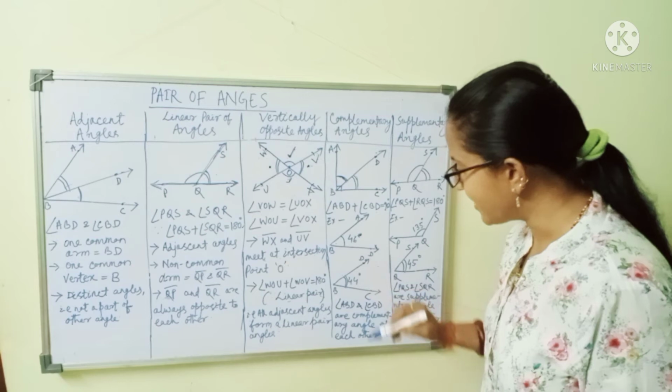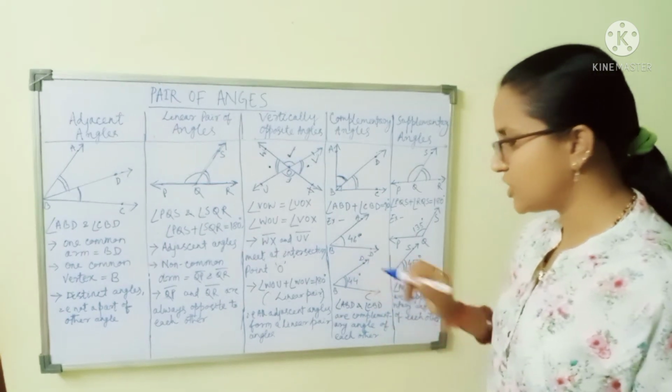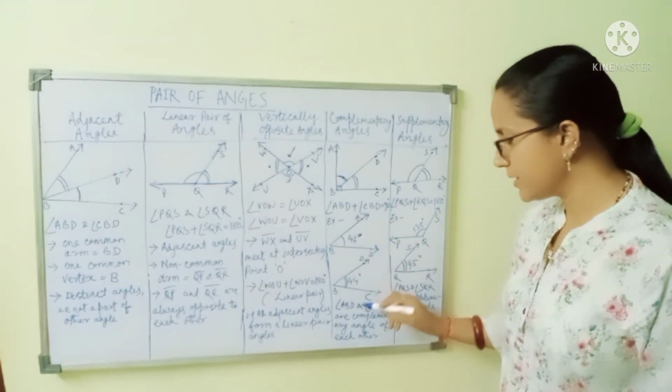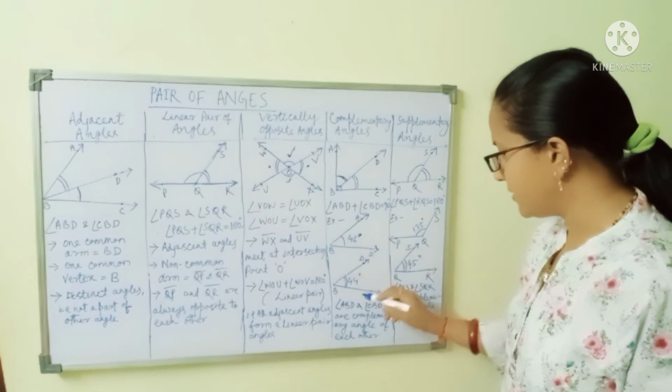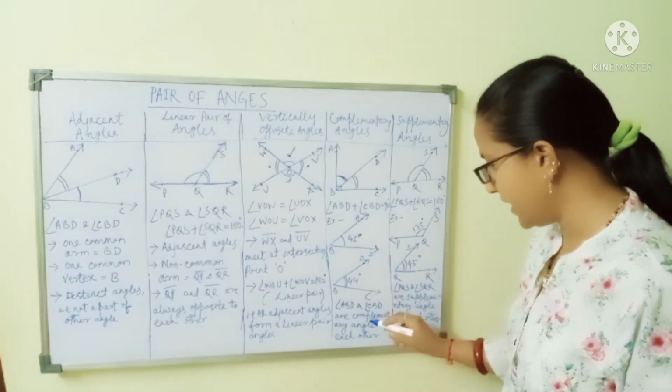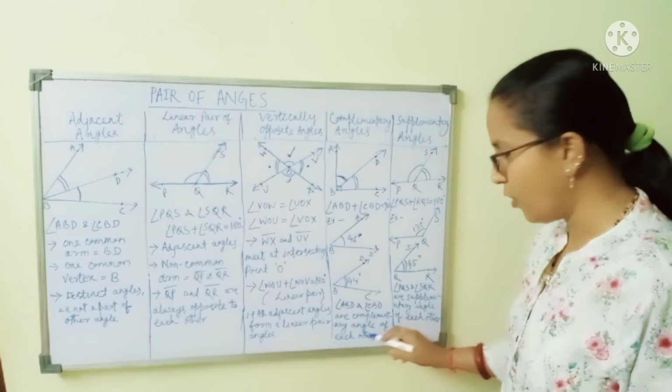Then these two angles are complementary to each other. So ABD and CBD angles are complementary angles of each other.